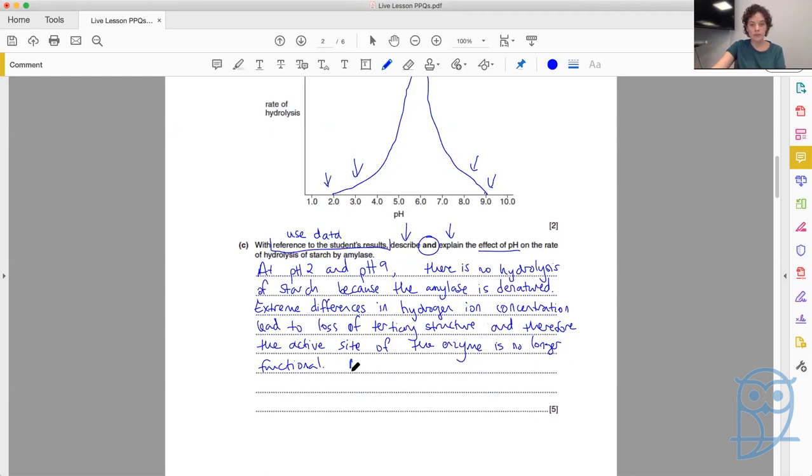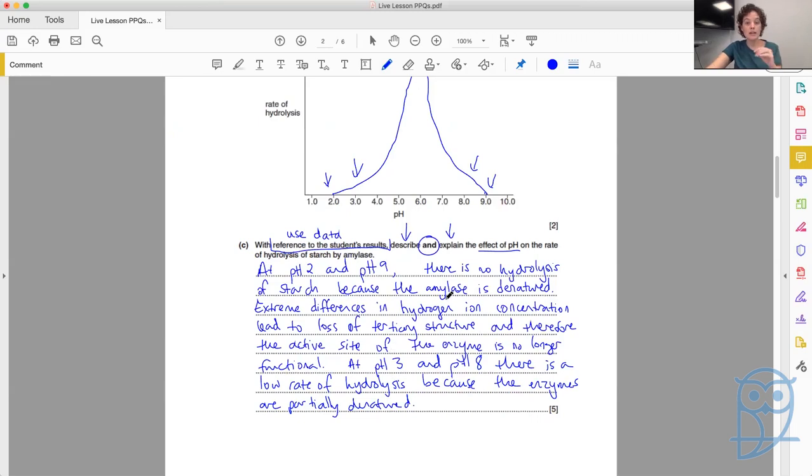So, at pH 3 and pH 8, there is a low rate of hydrolysis because the enzymes are partially denatured.